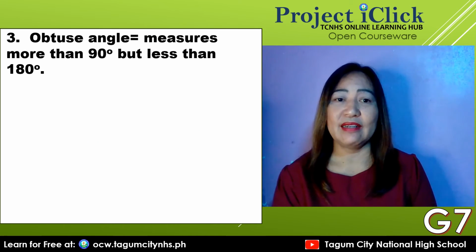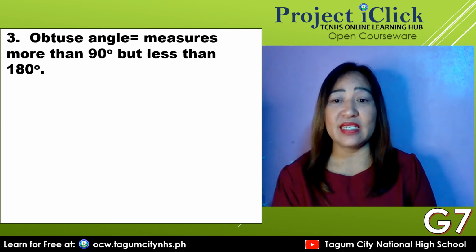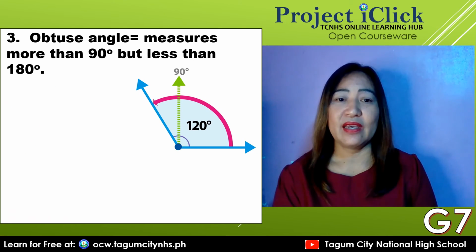Obtuse angle. This measures more than 90 degrees but less than 180 degrees. Here, this angle measures 120 degrees, more than 90 degrees but less than 180 degrees.